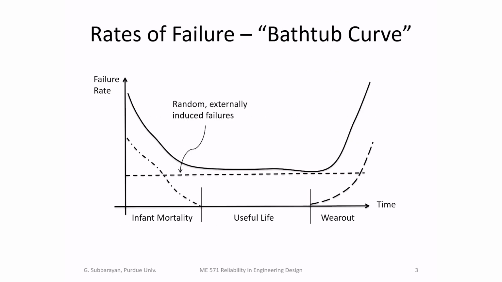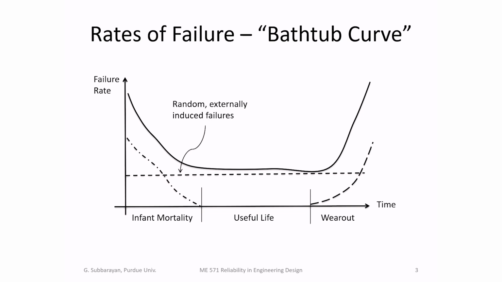In terms of how product failures occur over time, for most products, empirically, we observe that there are three phases in the life of a product. Most engineered products have three phases. In the first phase, you have a decreasing failure rate, and that's the portion that we call infant mortality or early failures.